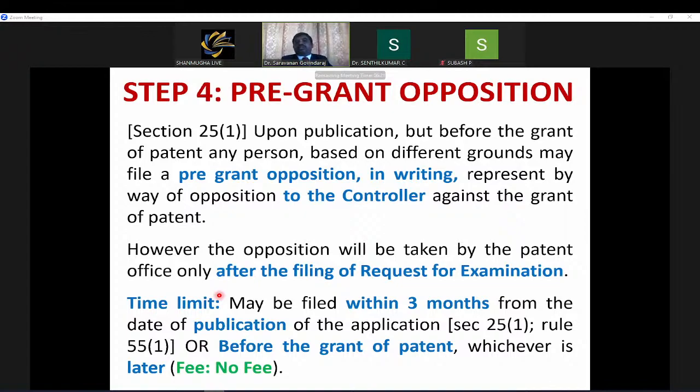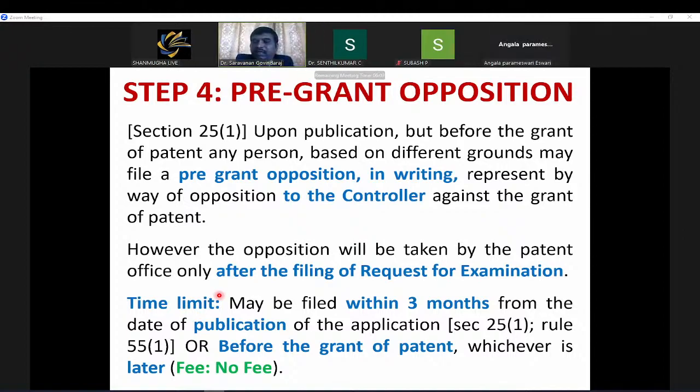And pre-grant oppositions. Once it is published, it will come into a public forum. Everybody will look, and the persons who look will check whether what is claimed as novel is actually novel, or whether it was already done by someone or was already existing. In that case they will oppose you. Whatever is mentioned is not new, and they will write an opposition to the controller.